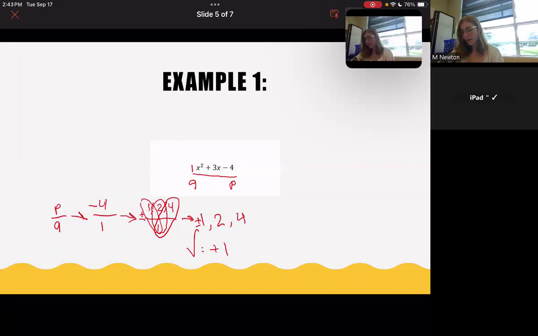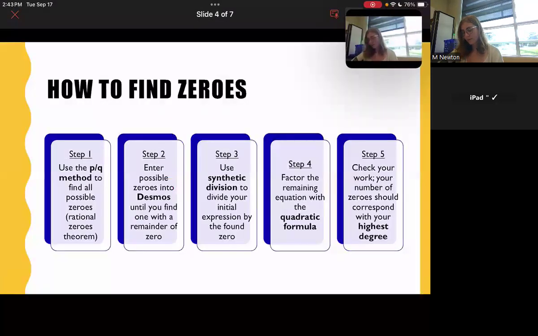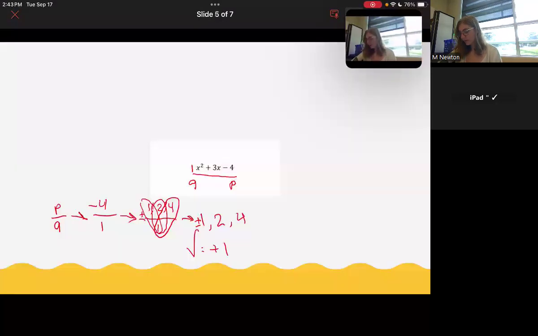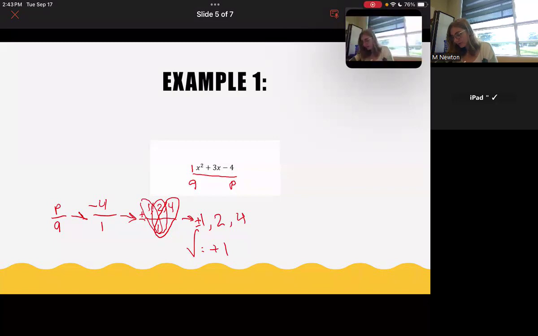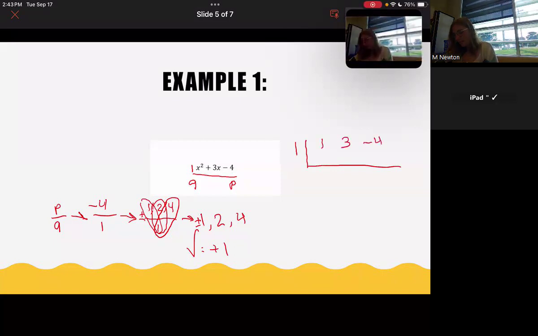Now we're going to move on, and our next step is to use synthetic division. I'm going to put our 1 on the outside, and then I'm going to take the numbers leading each of our variables and put them next. So we have 1, 3, and -4.